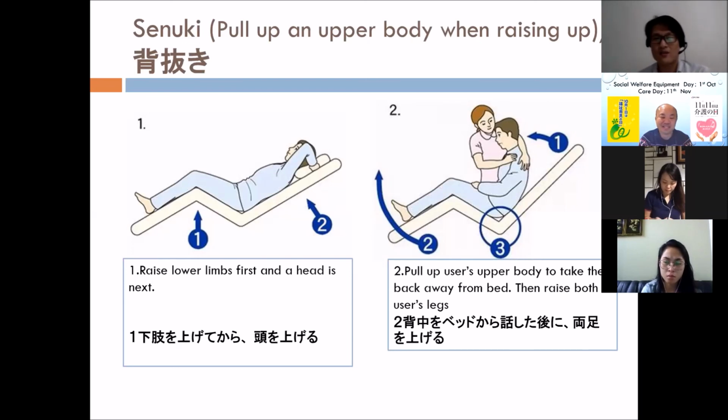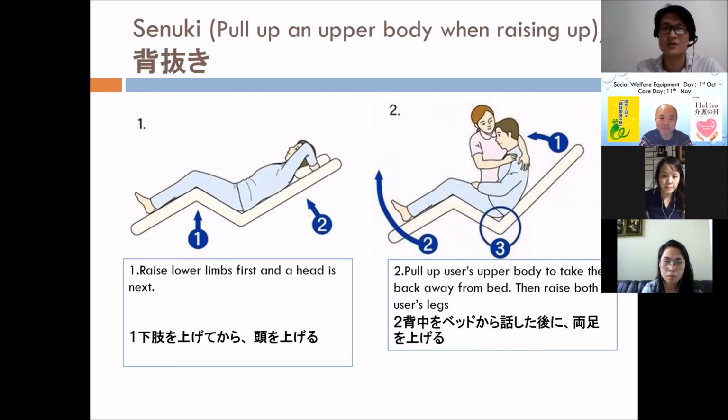Isai-san, did you do senuki in the hospital? You are not the caregiver now. What we do, sensei, is we just change the position of the patient to prevent bed sores, turning them side to side.